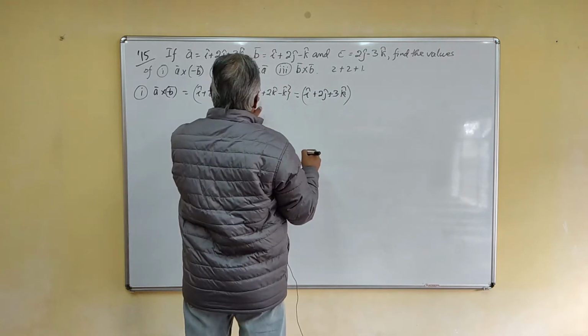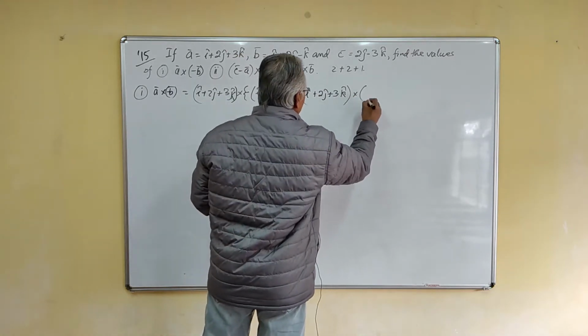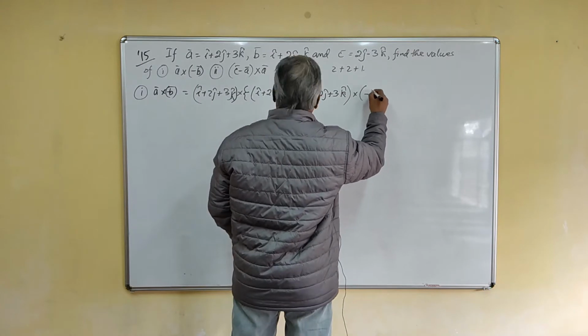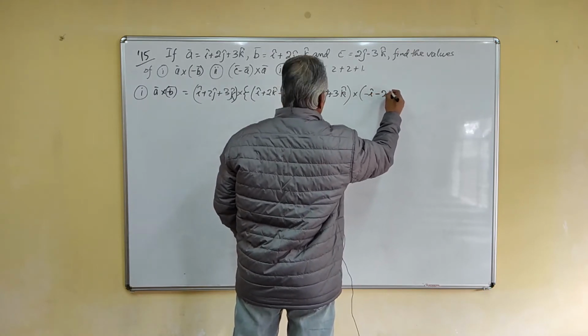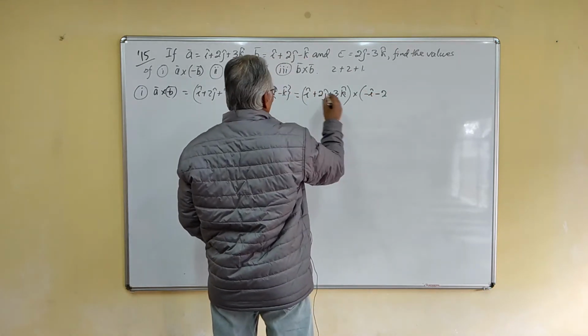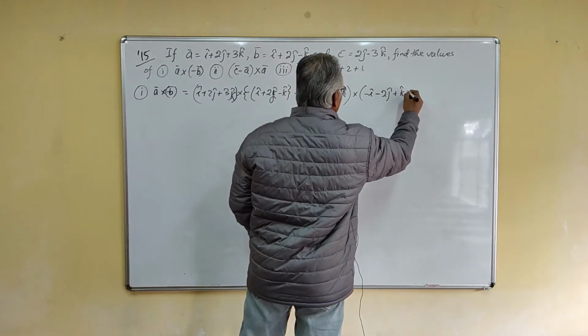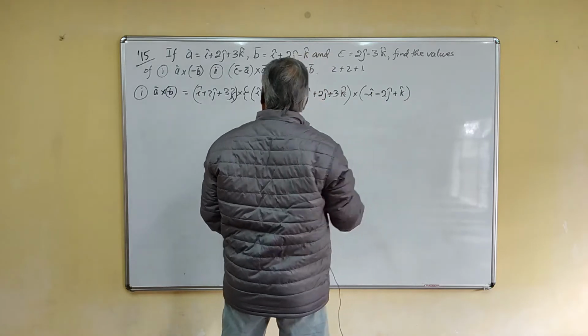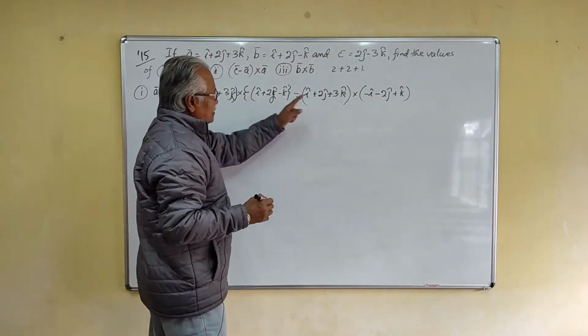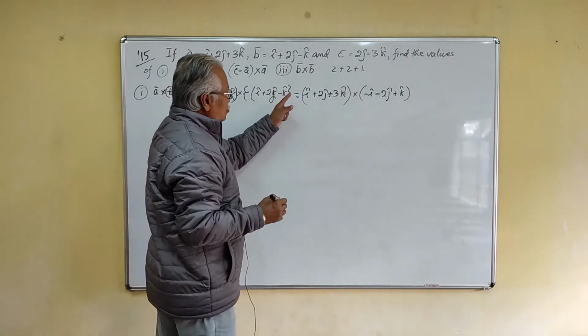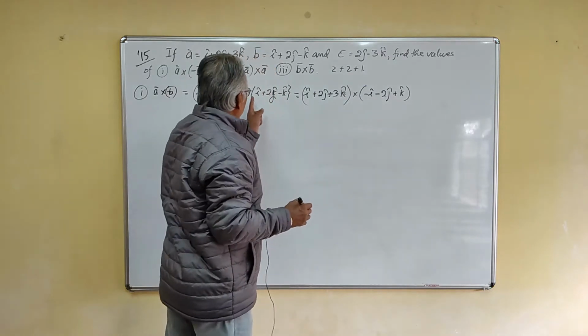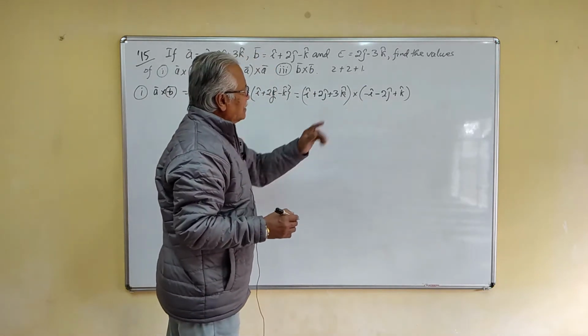Into the cross product of minus i minus 2j plus k, right? Minus into i is minus i, minus into plus 2j is minus 2j, minus into minus k is k.